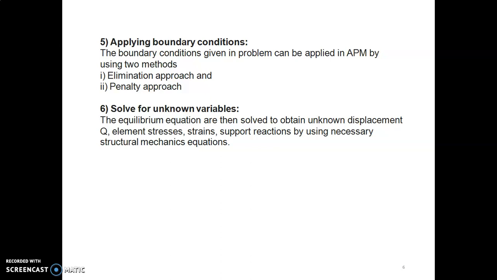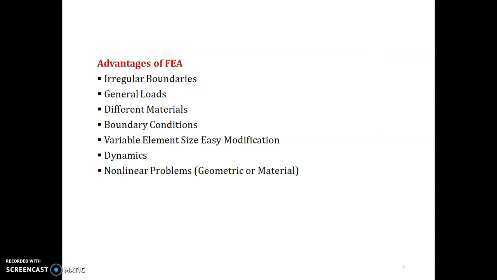So this is a brief introduction to how to solve the problem step by step, and this is a most important question from the examination point of view. Remember that also.